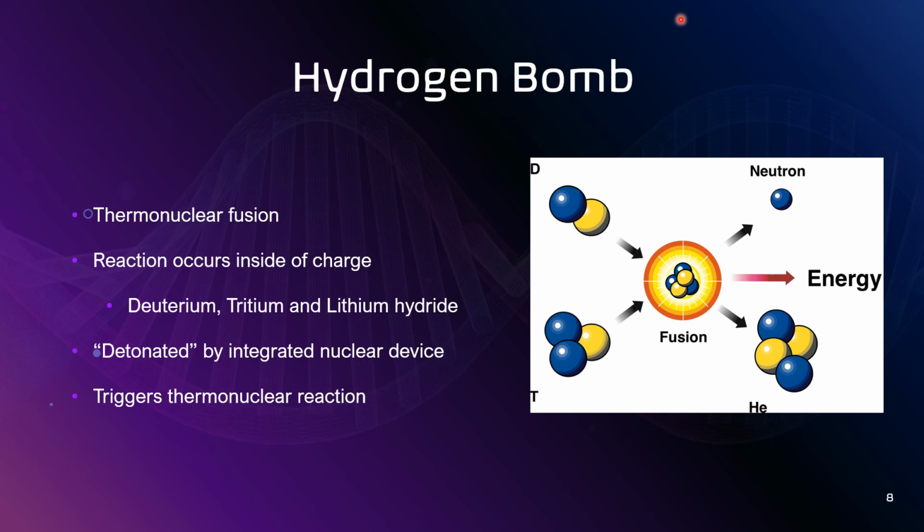By itself, this does not create an explosion. There needs to be a detonation by an integrated nuclear device. When activated, energy is released which triggers an explosive thermonuclear reaction inside the bomb. It's a little scary to think, but theoretically there is no limit to the power of these hydrogen bombs. So hopefully that doesn't come to it, but yeah.